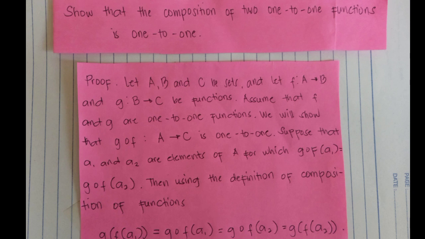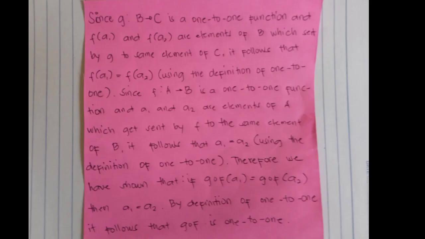Then, using the definition of composition functions, g(f(a1)) is equal to g(f(a2)). Since g from B to C is a one-to-one function, and f(a1) and f(a2) are elements of B, which are sent by g to the same element of C, it follows that f(a1) is equal to f(a2) using the definition of one-to-one function.